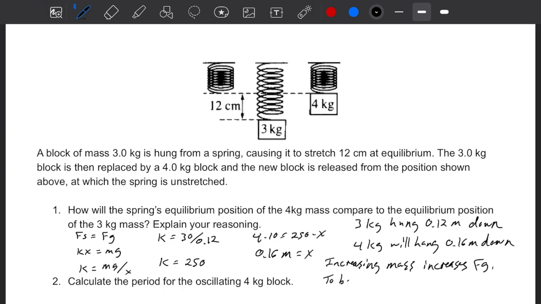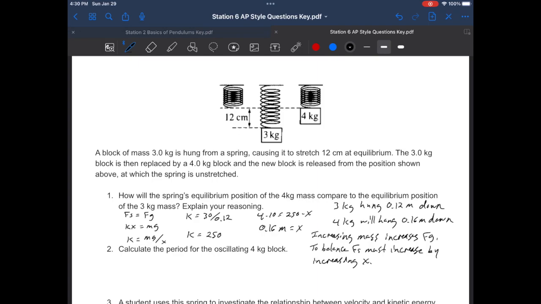Number 2 asks us to calculate the period for the oscillating 4 kilogram block. So we know that period for a spring is going to be 2 pi times the square root of m over k. Well, k we calculated for number 1. So we have the k is 250. The mass is 4.